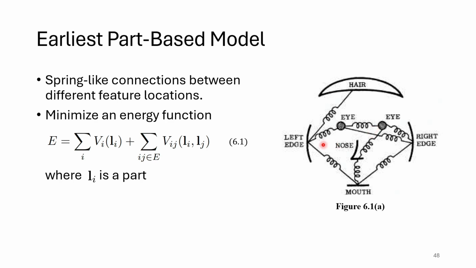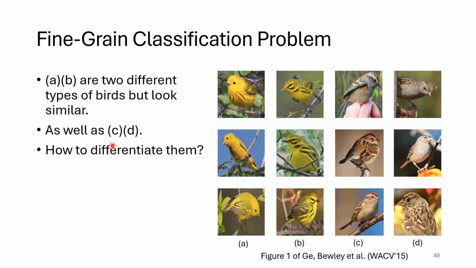And the nose and the mouth, the same. They should keep a certain relation, and the relation will be modeled in the pairwise term. Also, each part should have its own appearance or shape or color. It will be modeled by the individual terms.